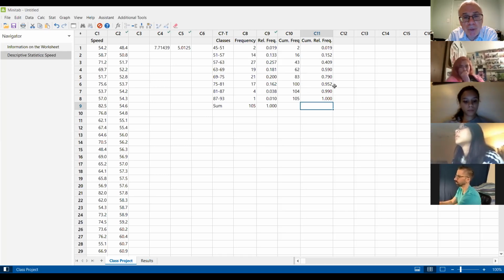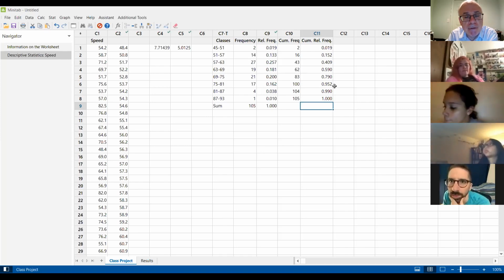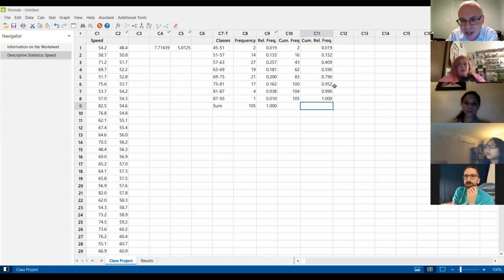How would you do it? I would just add up the frequency of each of those together. So 57 to 63, 63 to 69, 69 to 75, and 75 to 81. Okay, so you did the long way. That's okay if you're not sure.